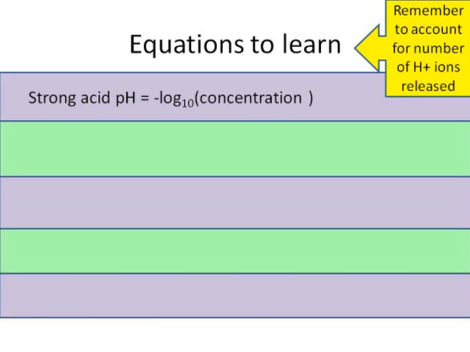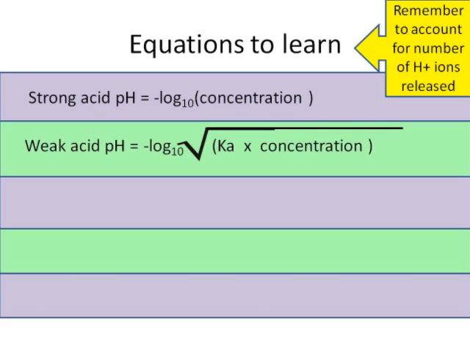For a weak acid, it's negative log 10 of the square root of the dissociation constant times the concentration of the acid. For an alkali, work out the pOH as if it was an acid, and then subtract that from 14.